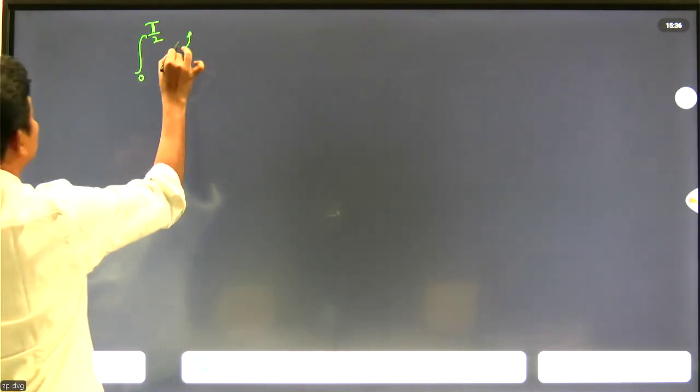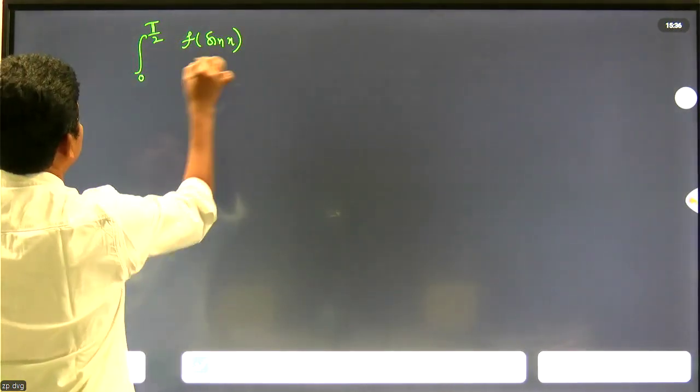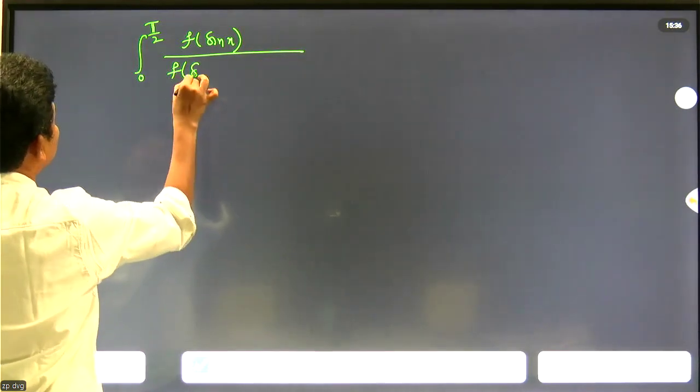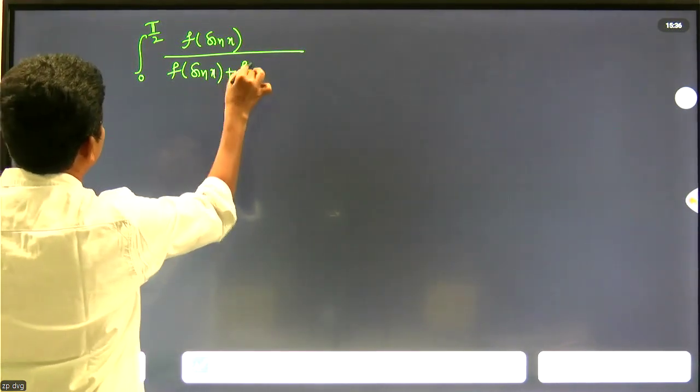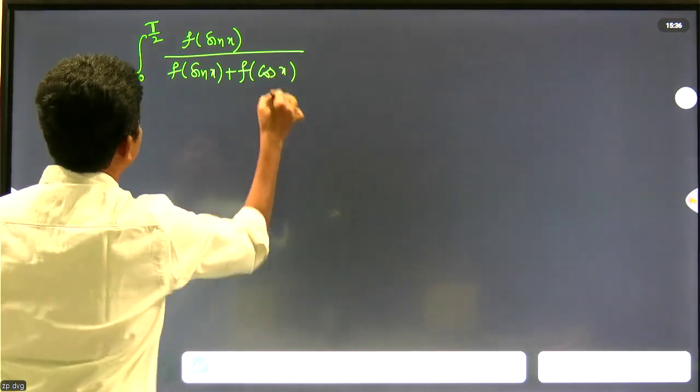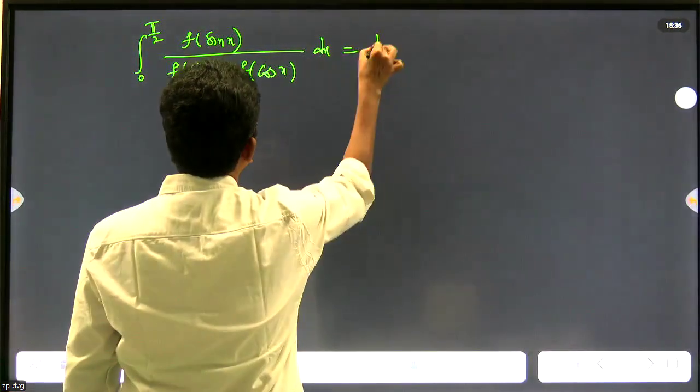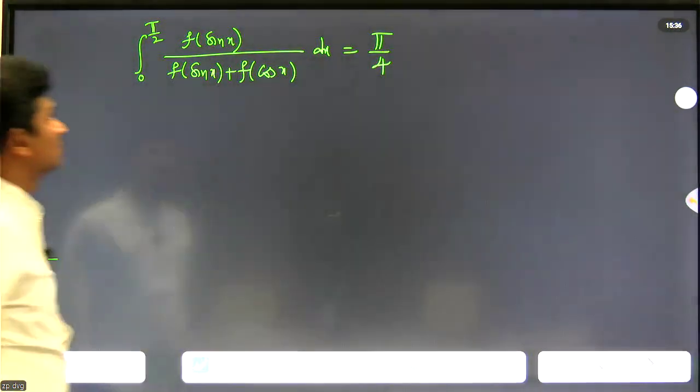Next, this you must know actually: integral from 0 to pi by 2 of f of sin x divided by f of sin x plus f of cos x. If any problem is like this, directly you can write its answer as pi by 4.